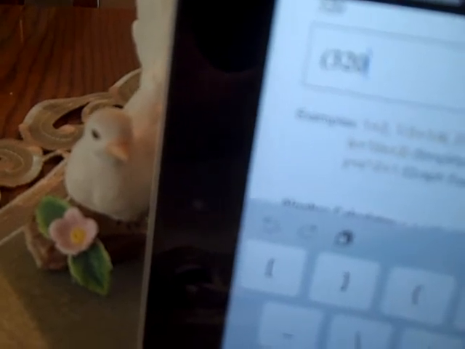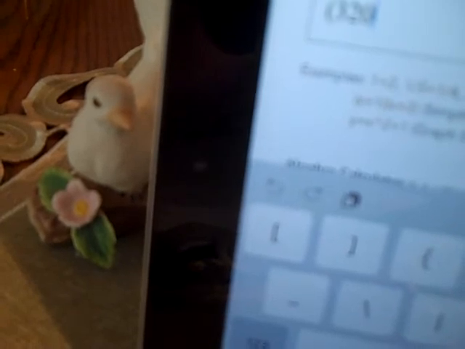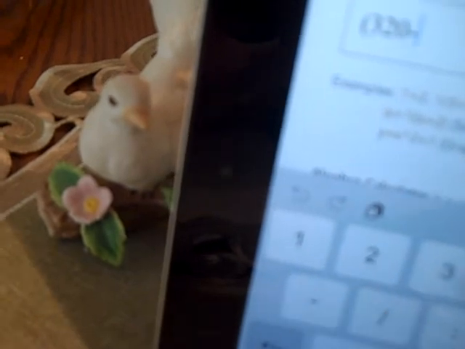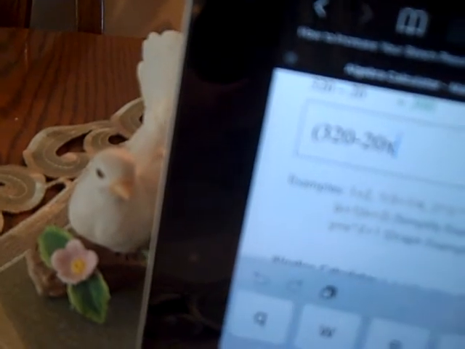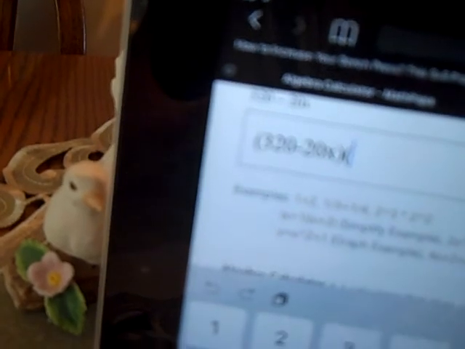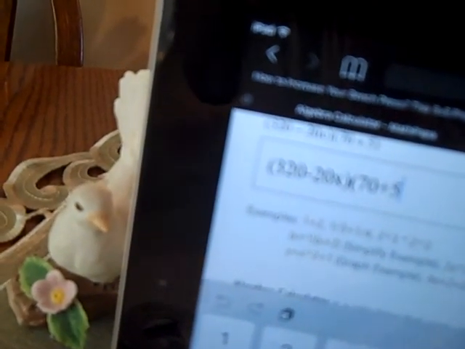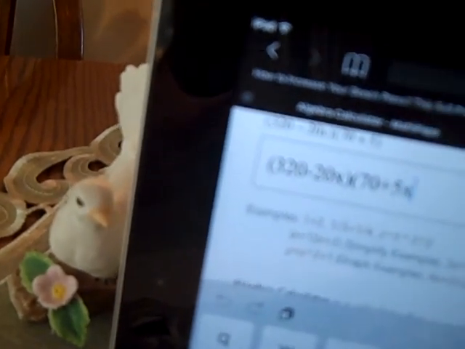Where's the minus there? Shoot, I don't know where the minus is at. Let's go back here. There we go, minus 20x. Close it. You just need another parentheses and you're going to put in 70 plus 5x.